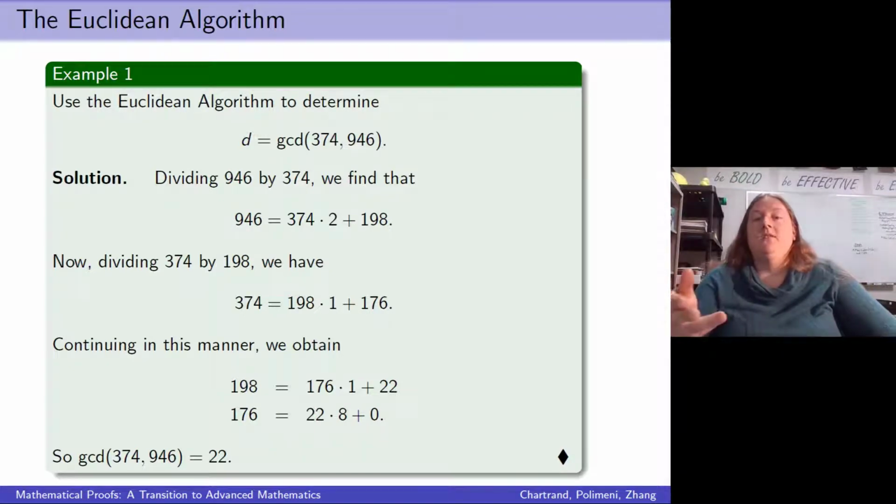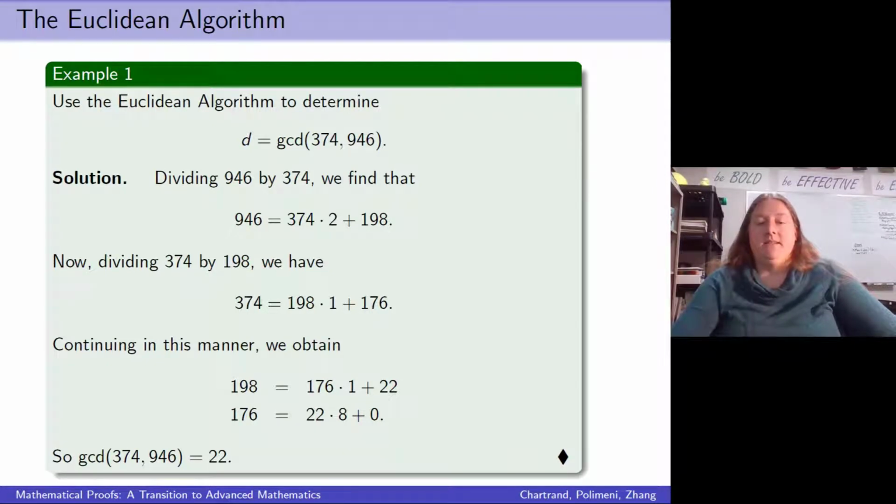So we'll repeat the division algorithm again, and we'll find that 198 equals 176 times 1 plus 22. Now the numbers are getting a little bit more manageable, but they're still pretty big. So I know the GCD of 198 and 176 is equal to the GCD of 176 and 22.